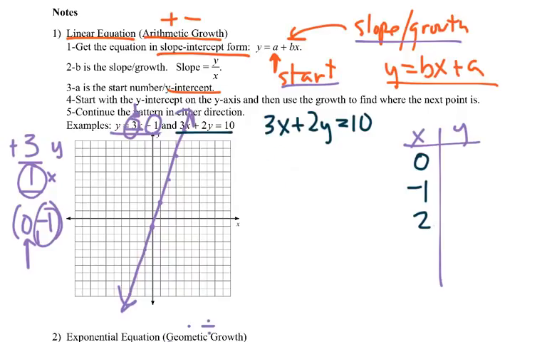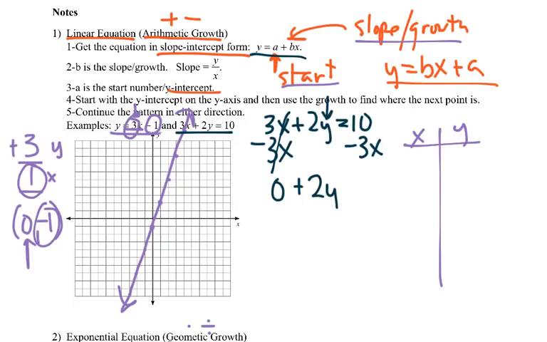That works perfectly fine, but I think there's an easier way to do it, because you'll end up doing this anyway. In order to get it in this format, we need y by itself. So if I get rid of this 3x, I do the opposite. It's a positive 3x, so I subtract 3x, that becomes 0. Adding 0 does nothing, so we just get rid of it. That plus stays positive 2.